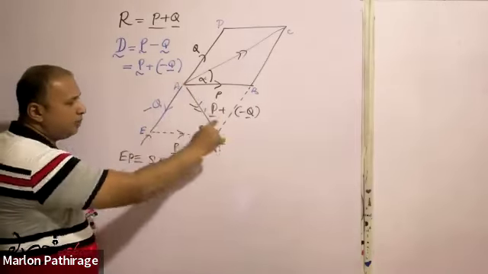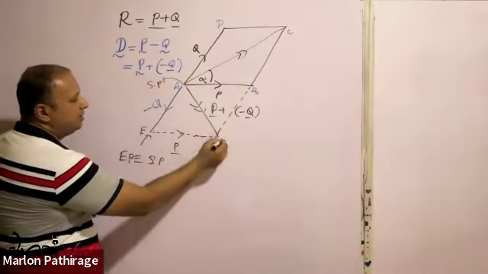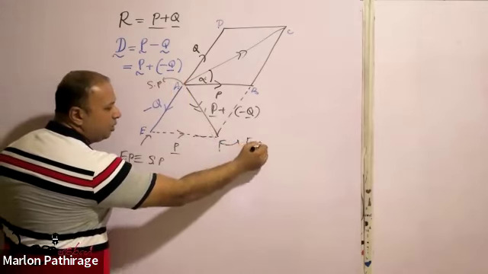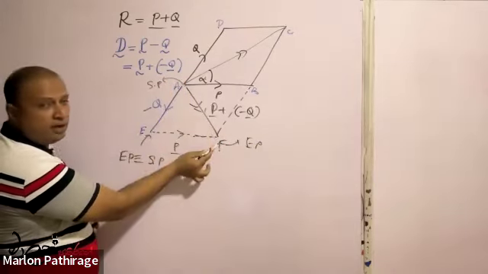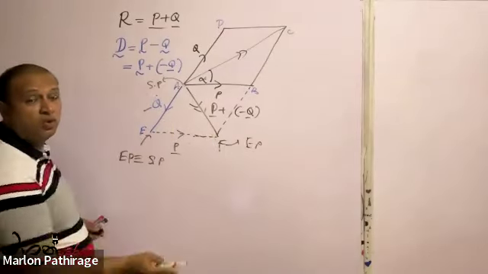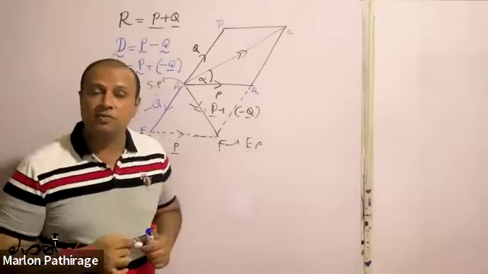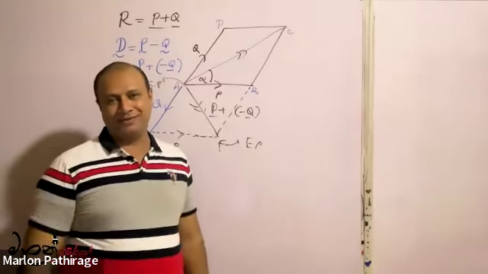One is a starting point, the other is an end point. If you construct a vector from the starting point to the end point, it gives the addition of these two. That is the principle of vector addition. That is a basic principle.